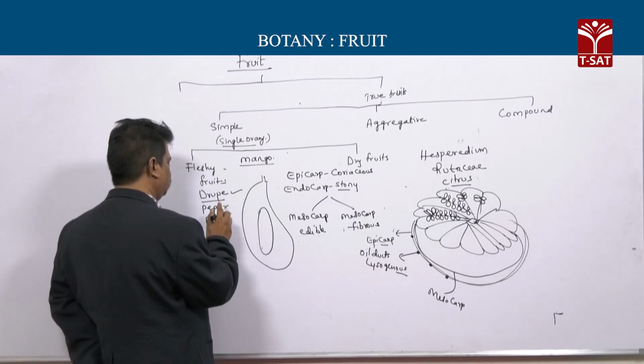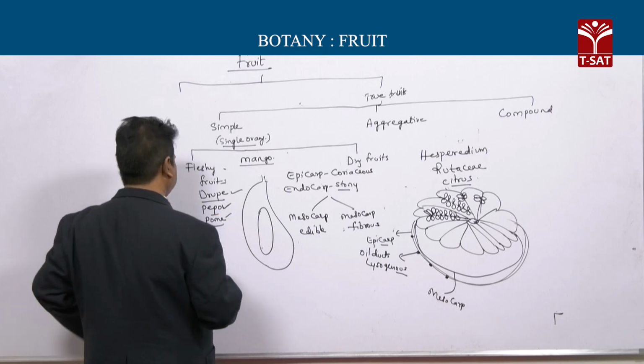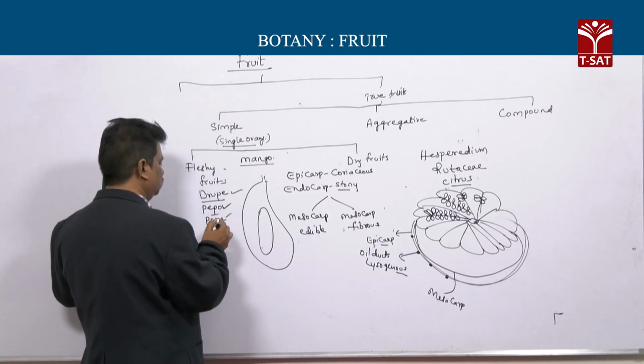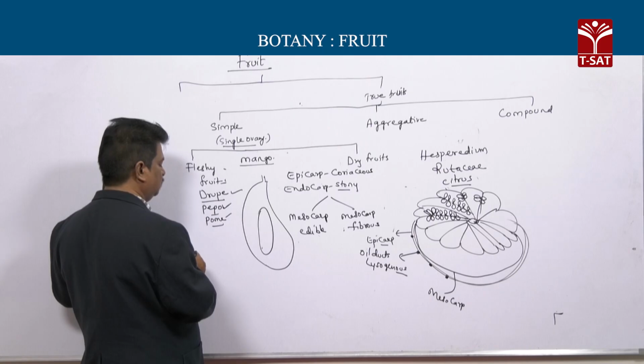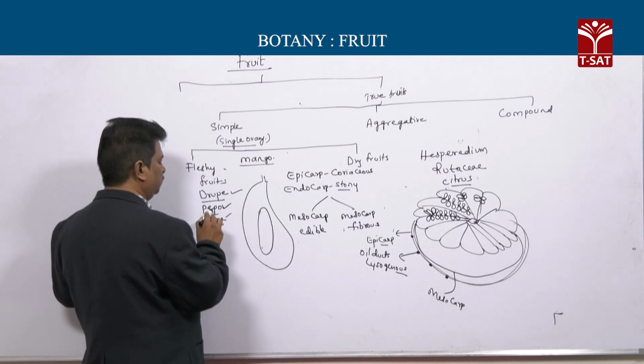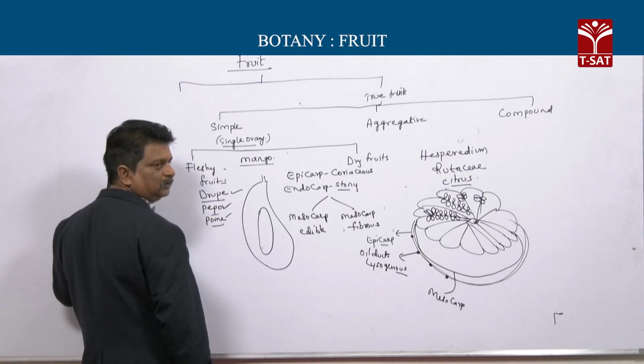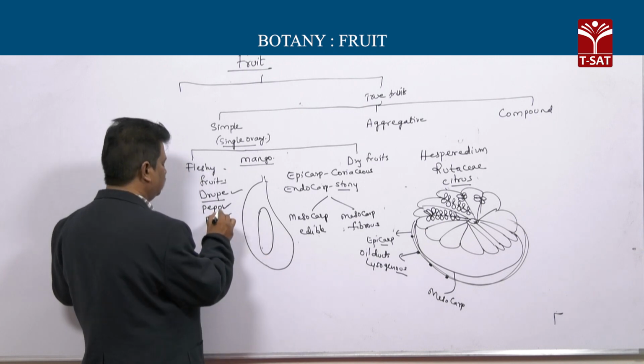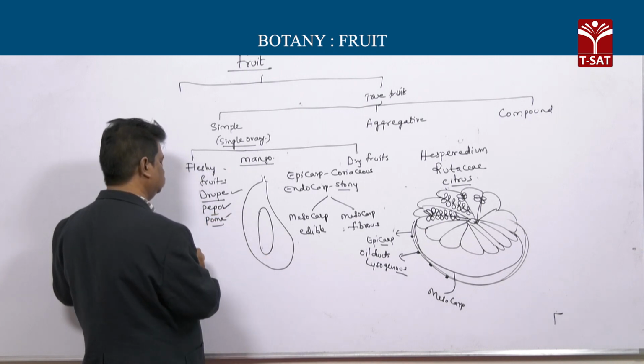Pepo has parietal placentation. In pome, the true fruit is surrounded by false fruit. And in pepo, there is a rind, formed by epicarp and thalamus.